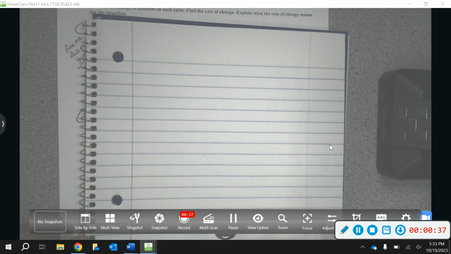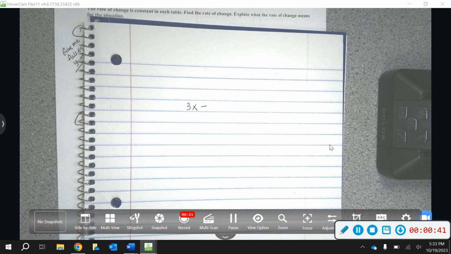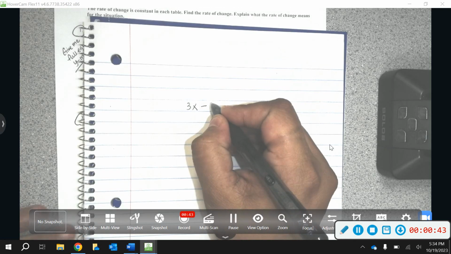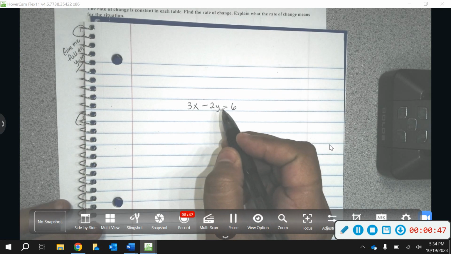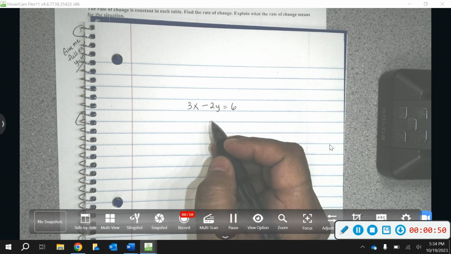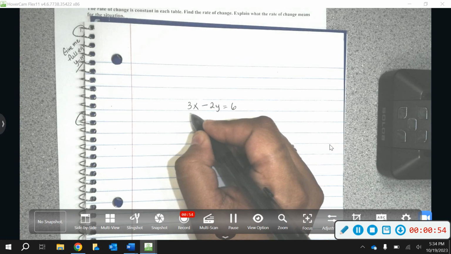I can go ahead and give you some examples. If I have 3x minus 2y equal to 6, that is in standard form. You need to know how to go from standard form to slope-intercept form. So what are you going to do? You're going to move your x.